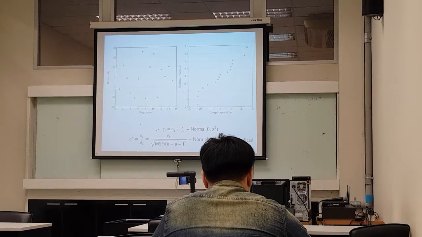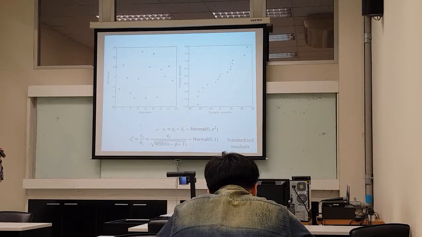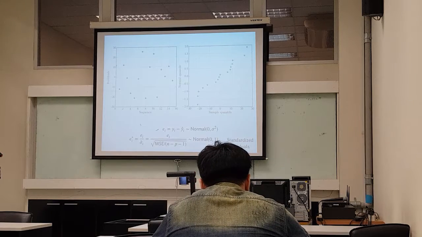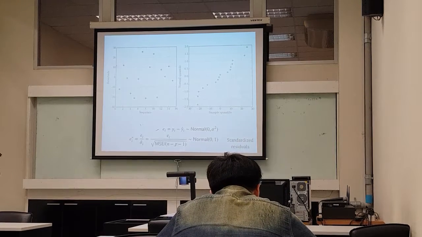By the way, you can normalize the variance of this error. This error term has a normal distribution with 0 mean and variance sigma squared. You can normalize it to variance 1 by dividing by the sample standard deviation of this error, which is given by the square root of the mean square error, with degrees of freedom n minus p minus 1.